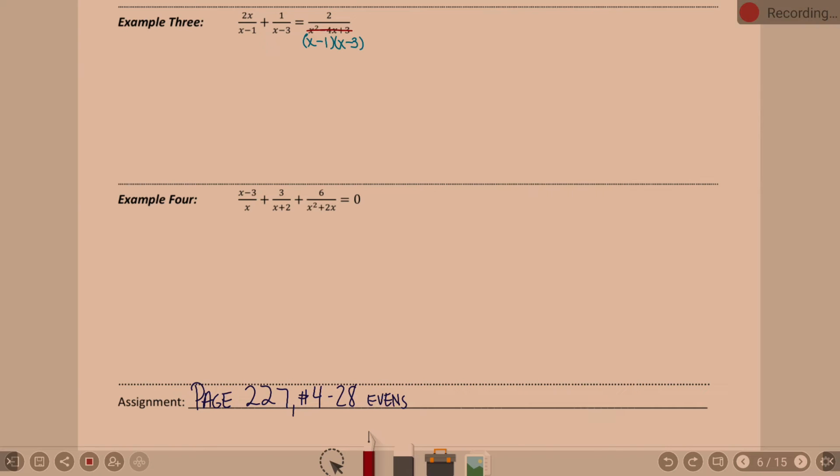What denominator do you need that we can multiply everything by that will account for all the pieces? So what are my pieces here? X minus 1 and x minus 3. If I multiply by x minus 1 and x minus 3, that takes care of everything. So we're going to multiply both sides of our equation by x minus 1 and x minus 3.